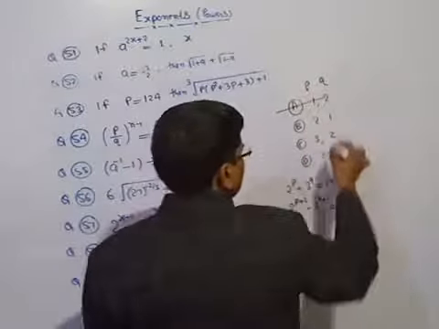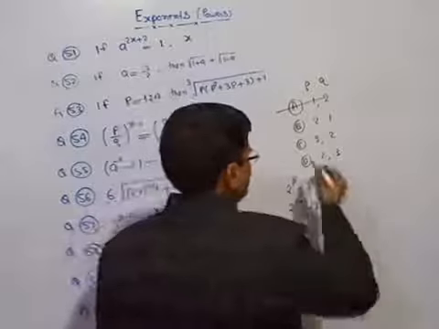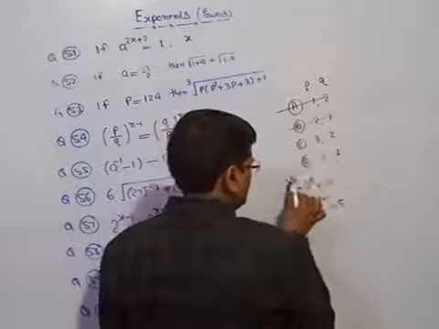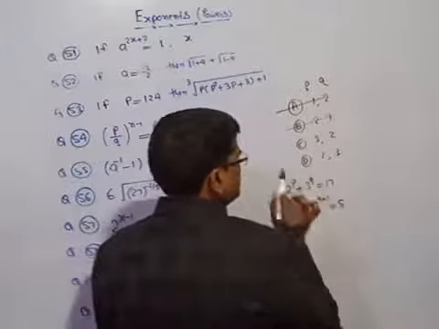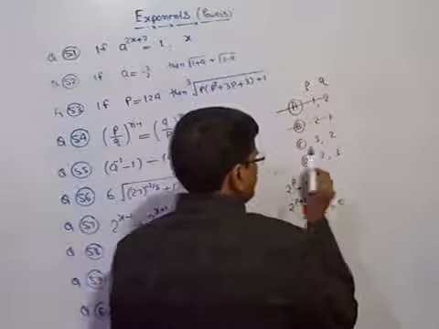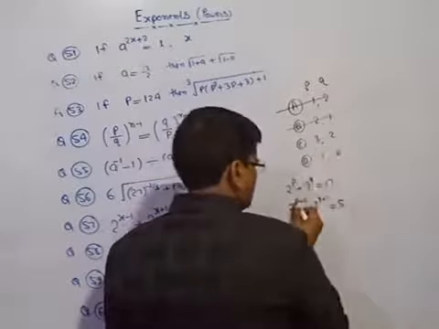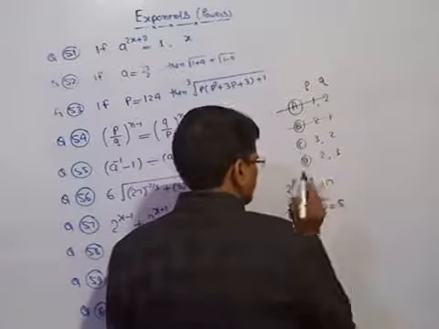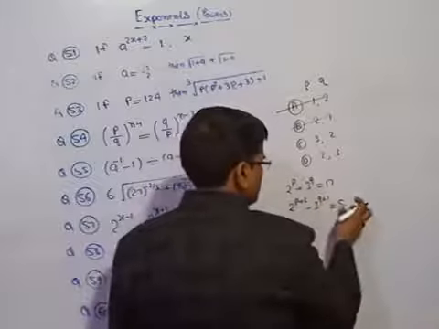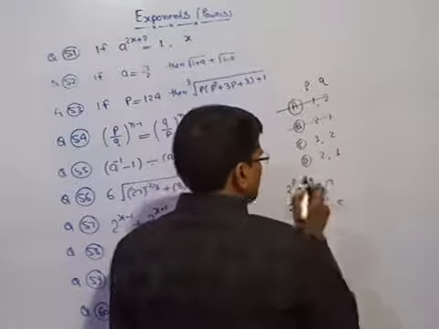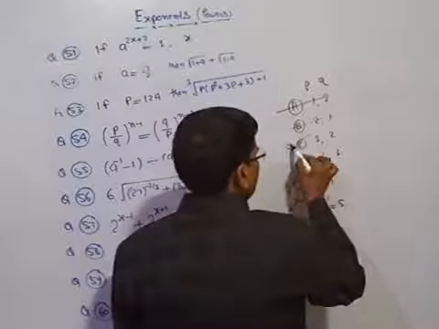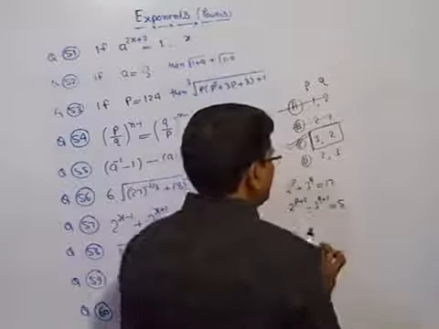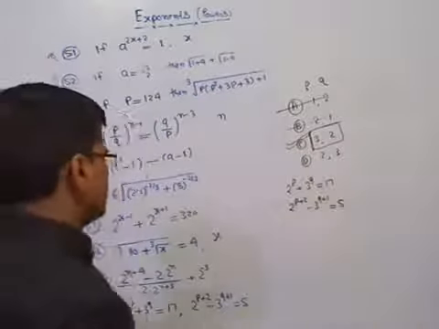With p = 3 and q = 2, 2 to the power 3 plus 3 to the power 2 gives 17. Put q = 2 in the second equation and we check, we will get 5. We can say the values of p and q are 3 and 2.